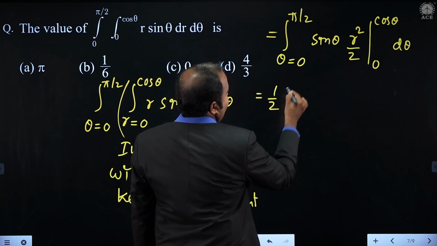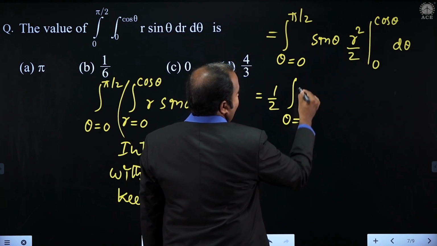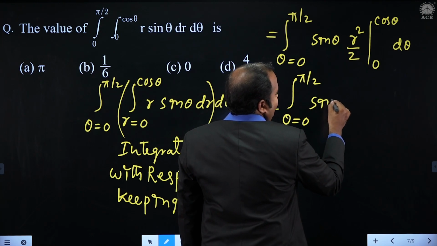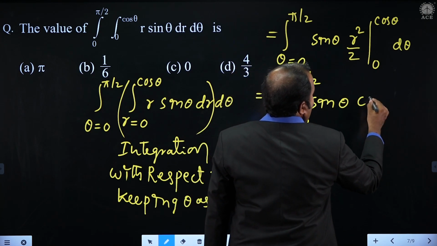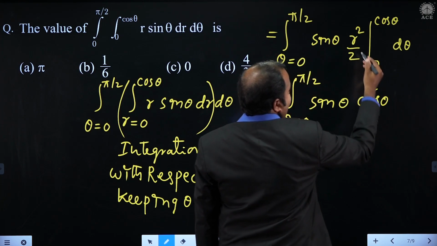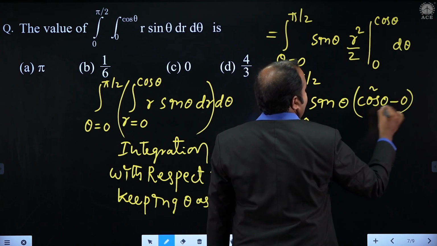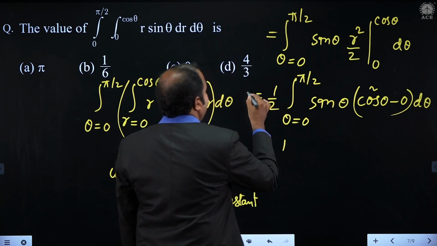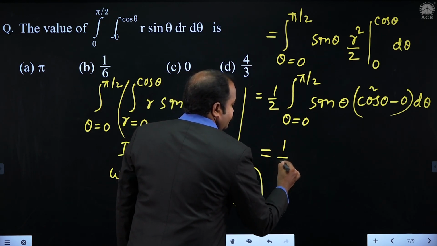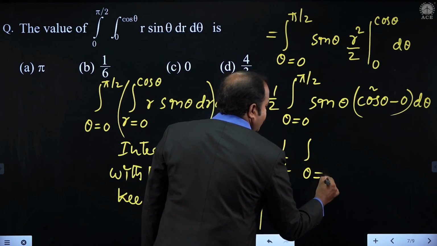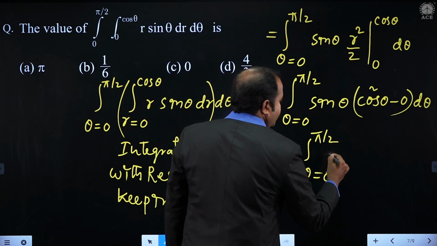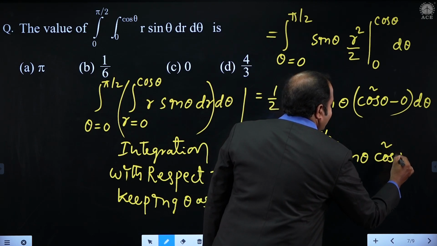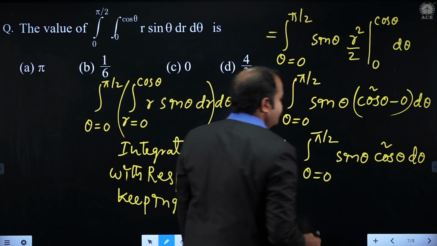So, this is equal to 1 by 2 constant, integral theta equal to 0 to pi by 2, sin theta same only, this is cos square theta upper limit minus 0, d theta. So, this is equal to 1 by 2 integral theta equal to 0 to pi by 2 sin theta cos square theta d theta only, right.